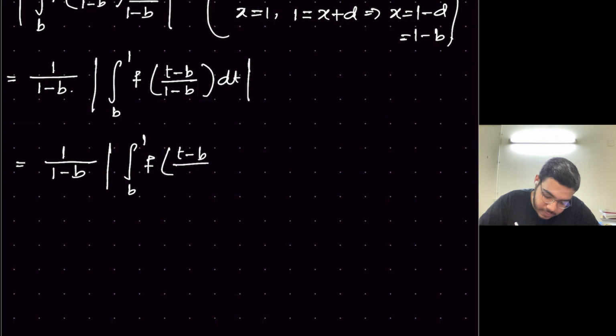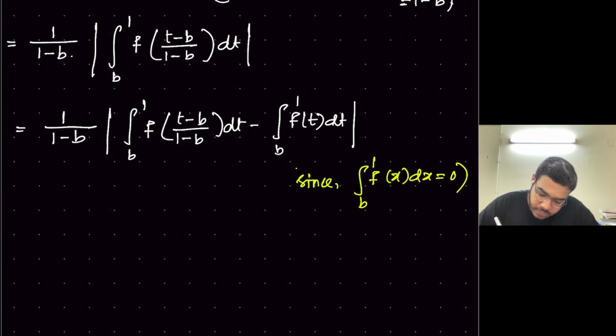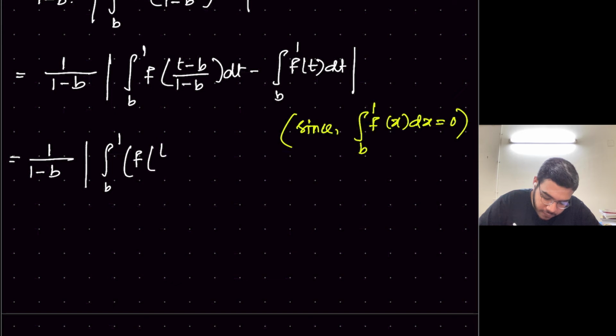Since that is 0, similarly to the previous one, we'll write this as integral b to 1 of f of (t minus b) by (1 minus b) minus f(t) dt.